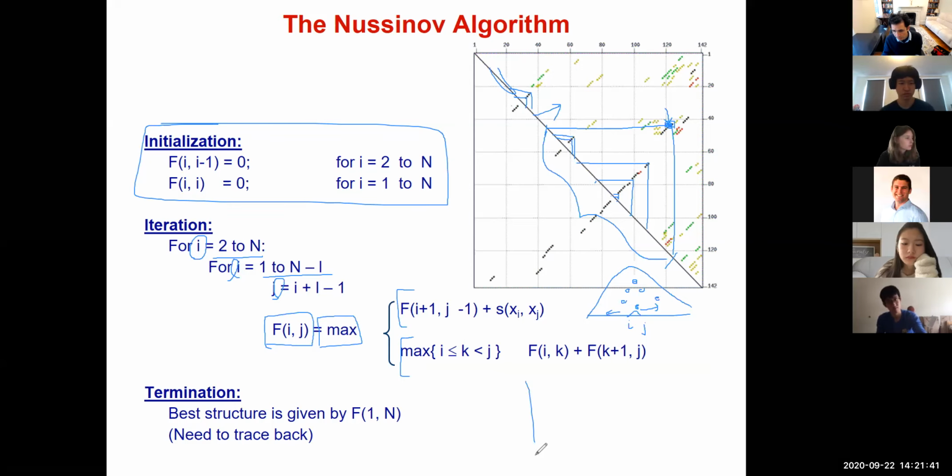As I make the decision at that position in my alignment, I take the maximum score between those two options. Perhaps I incorporate a nucleotide from both directions by extending both of them by 1.